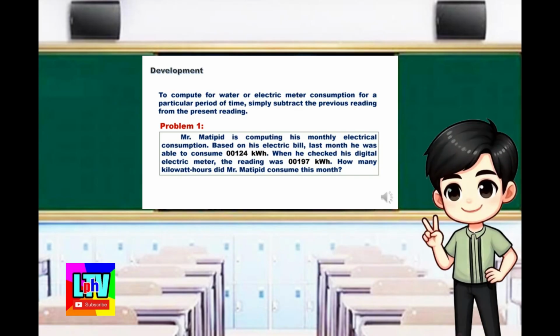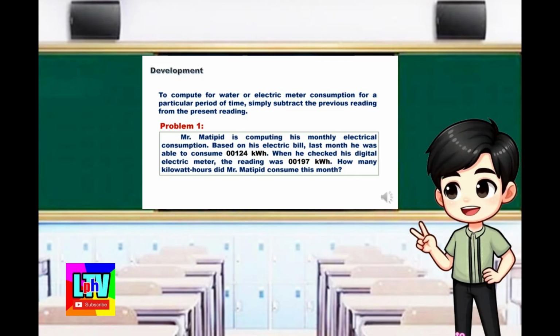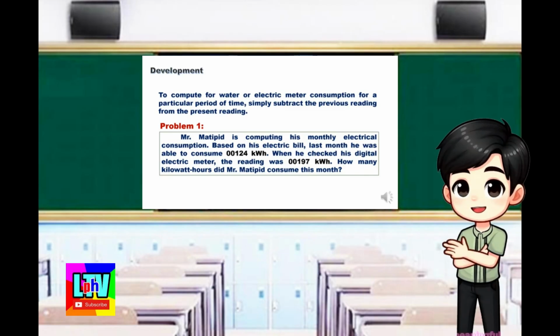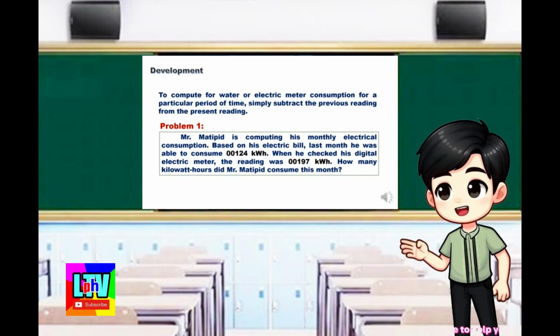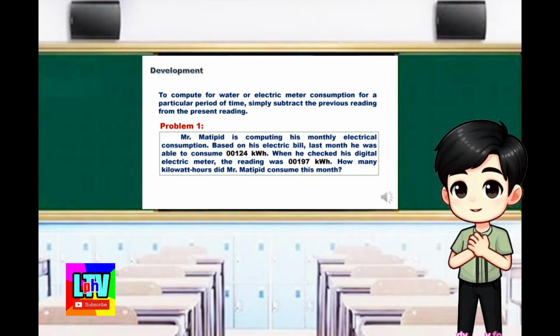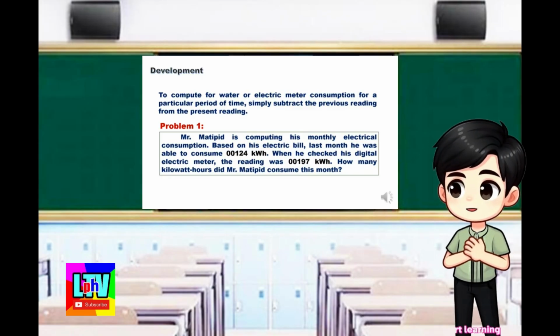Last month, he was able to consume 00124 kilowatt-hour. When he checked his digital electric meter, the reading was 00197 kilowatt-hour. How many kilowatt-hours did Mr. Matipid consume this month?